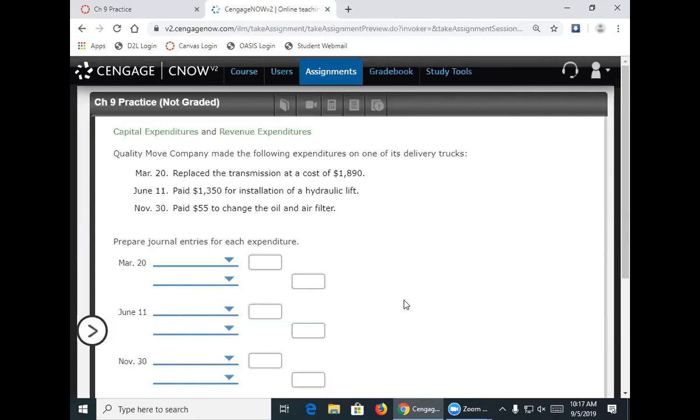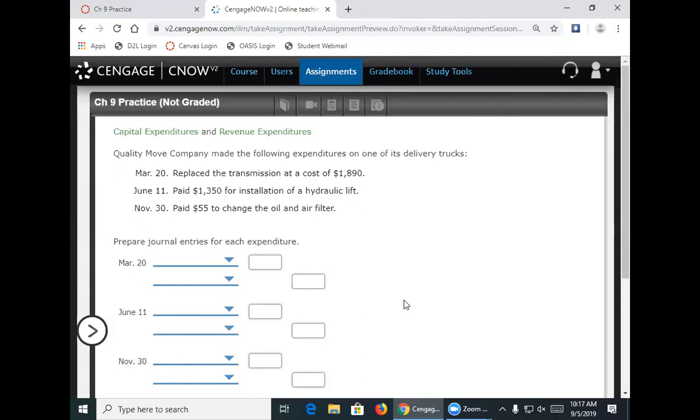So this third one is on capital expenditures versus revenue expenditures. Honestly, it's not a huge concept, but it's good to understand because we're still dealing with assets. So we kind of briefly talked about this in the lecture. What we're talking about here is money we're spending on assets, okay?